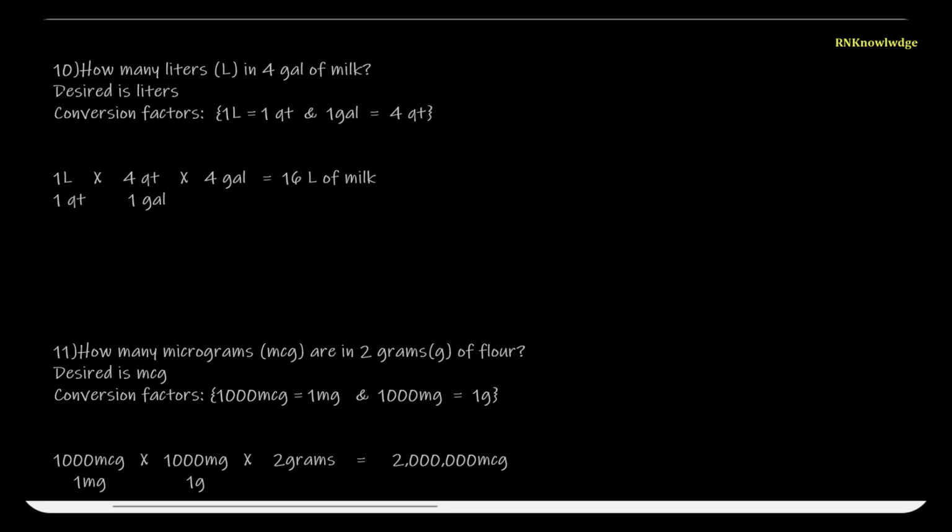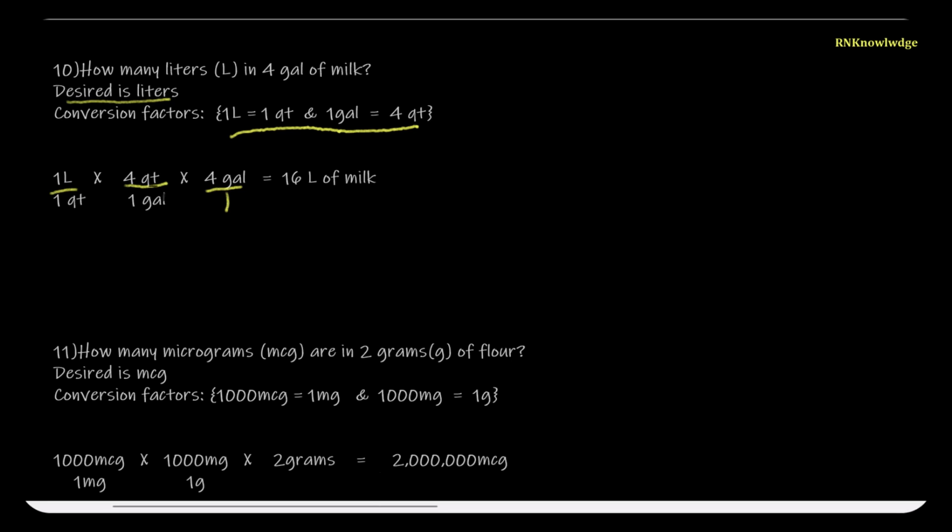Problem number 10. How many liters in 4 gallons of milk? Desired units are liters. This is a 2-step factor problem, which I have listed, and I've written out the problem beginning with 1 liter over 1 quart times 4 quarts over 1 gallon times 4 gallons over the placeholder 1.